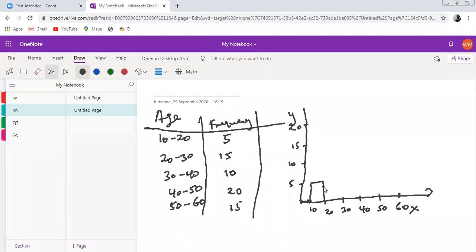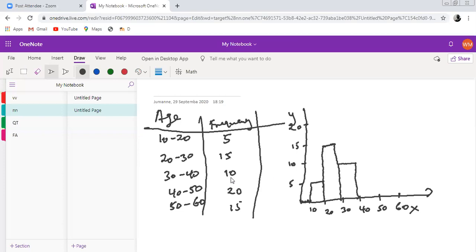So we extend this one up to that point. 20 to 30 is up to 15. Then 30 to 40, it goes up to the height of 10. So we join it like that.